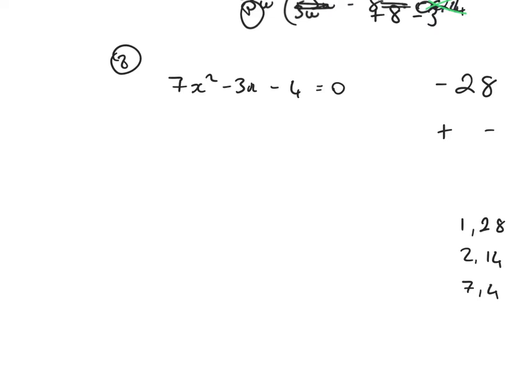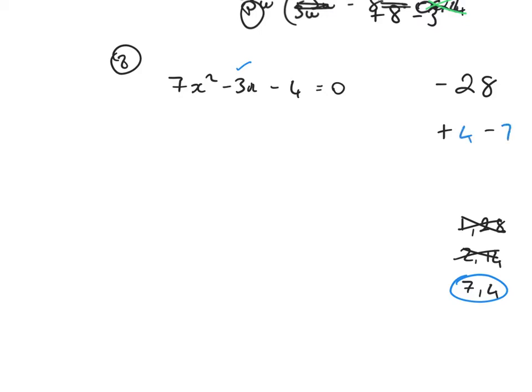I need one of these pairs to fit in here and add together to give minus 3. It's not going to be that one, and it's not going to be that one, but I can definitely get some mileage with 7 and 4. I need to organise them so they add together to give minus 3.